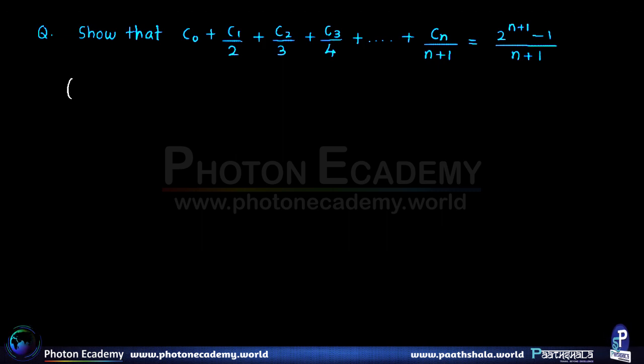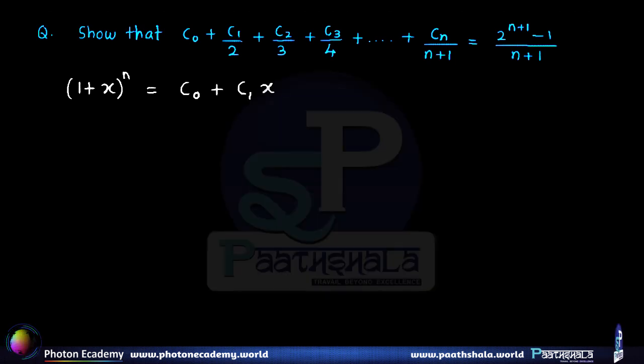So let's once again start off with the binomial expansion of 1 plus x raised to n, which we know is equal to c0 plus c1x plus c2x square and so on up to cn x raised to n.